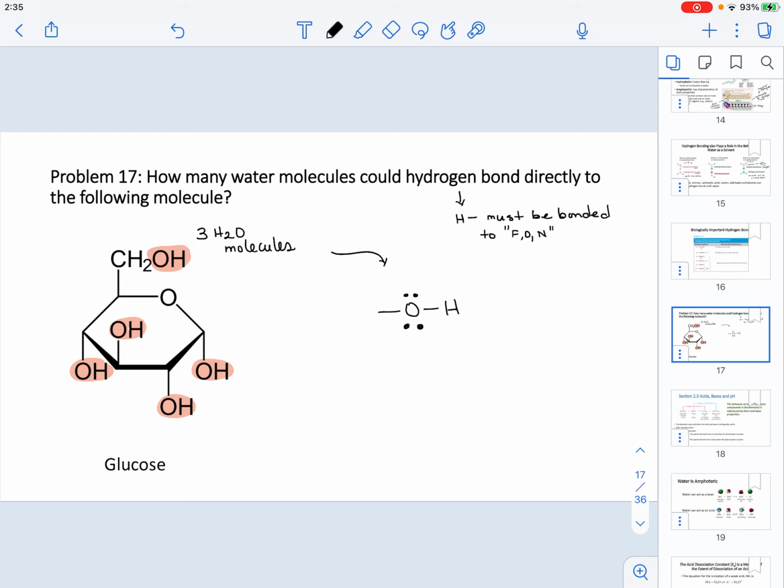And this is how a single hydroxy group, and here the squiggly line represents the rest of the molecule. So if we have a hydroxy group, the reason why it interacts with 3 water molecules is because specifically we see that the oxygen can interact with hydrogen in a water molecule, each of them, so each lone pair.